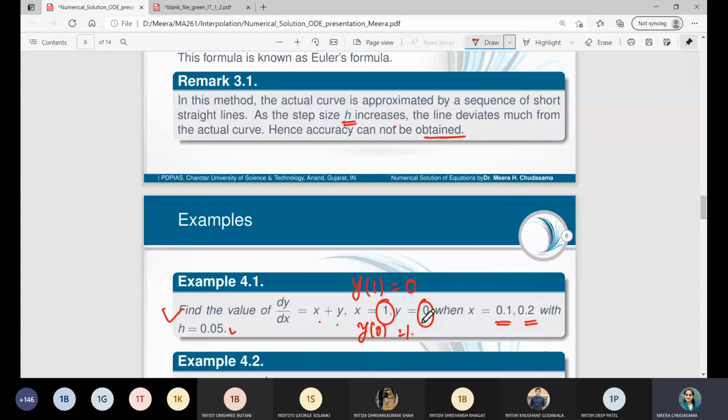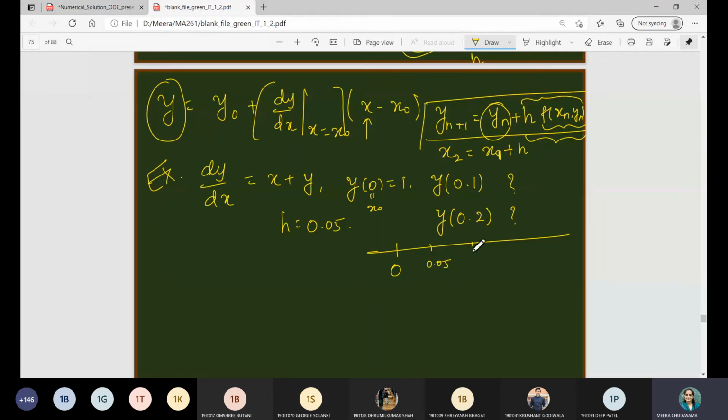Because only then, from 0 with step size 0.05, can you reach 0.1, right? And this one will be 0.2, so the asked values are these. If it were 1, there would be no notion of going further to 0.1 and 0.2, so that is a typographical mistake that I need to correct. Is it okay? Yes, ma'am.